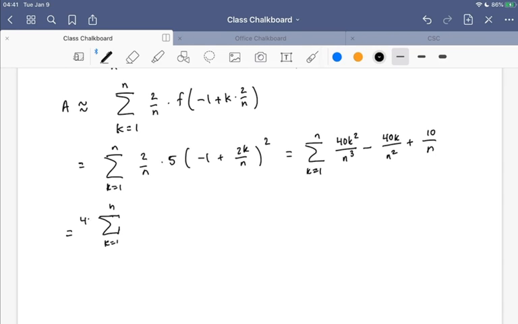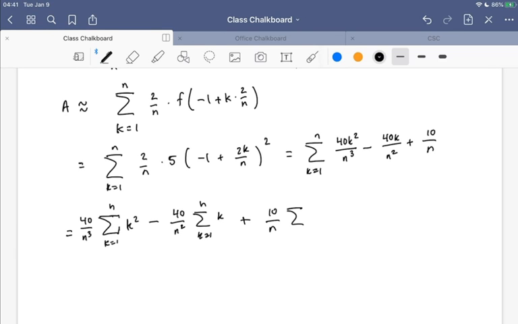I can pull out anything that doesn't involve k, so I can simplify that one. And then the second term, I'm going to pull out anything that doesn't involve k. And then the third term, nothing involves k.